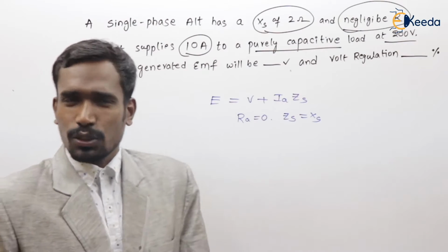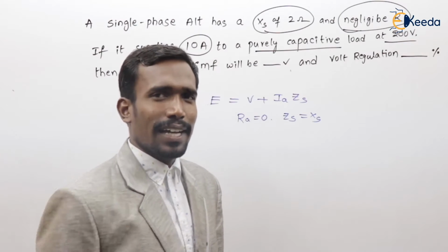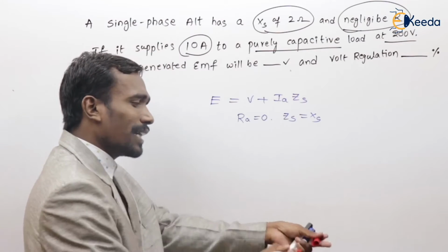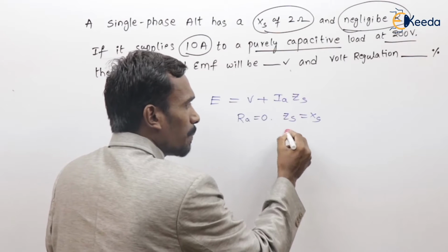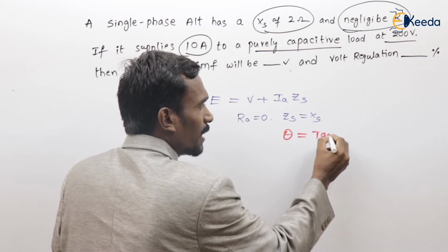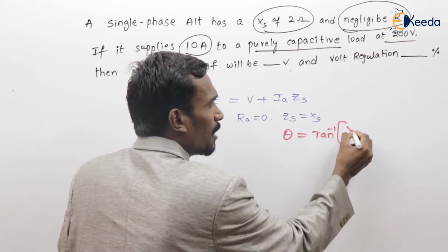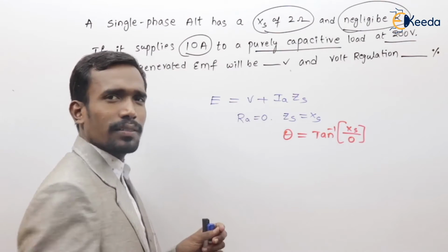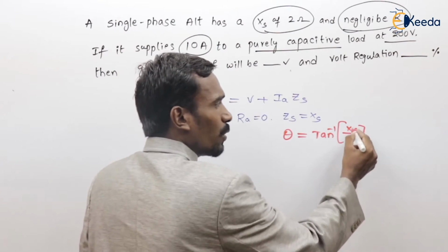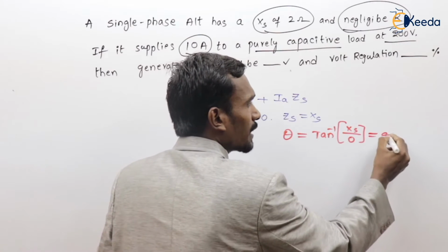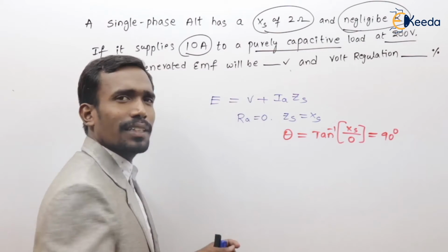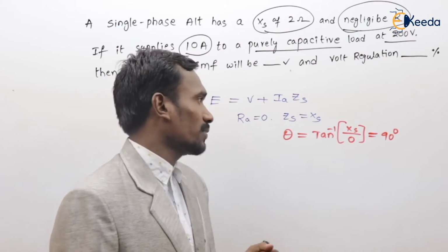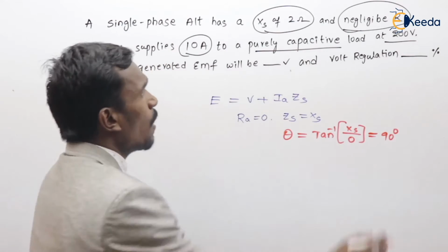If ZS is equal to XS, what is the impedance angle theta? Impedance angle theta is equals to tan inverse of XS by RA, X by R. Something by 0 is infinity. When can we get infinite? When theta is equals to 90 degrees.